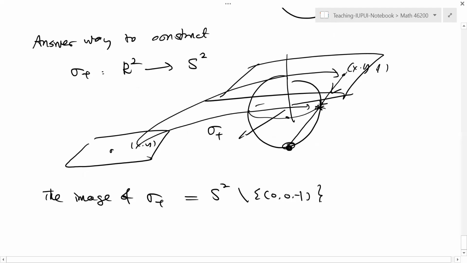So there's a hole here. I cannot cover it. So let's find the formula. How can I find it? So this point (0, 0, 1).